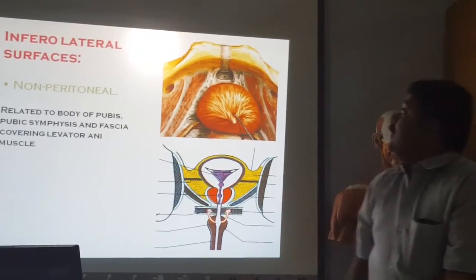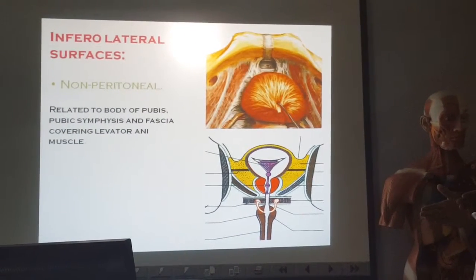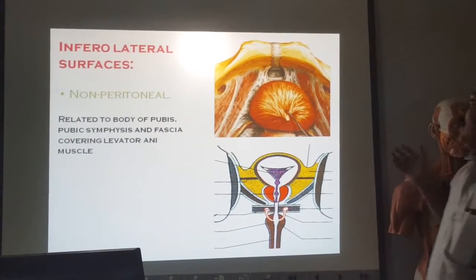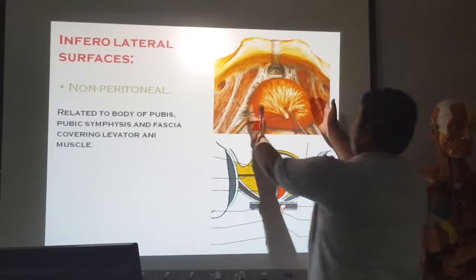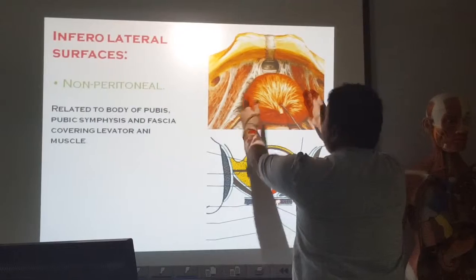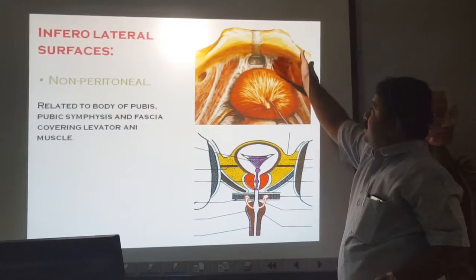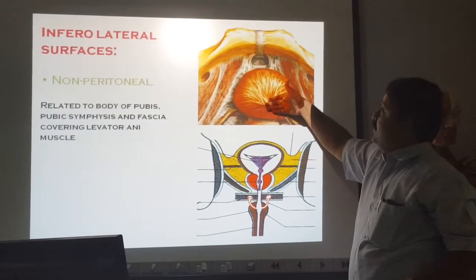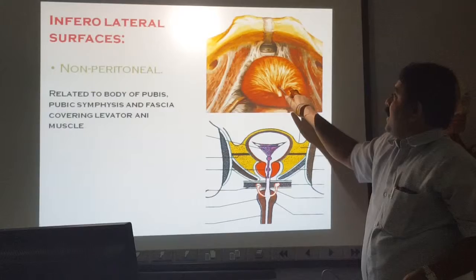Next is the inferolateral surface of the urinary bladder. It is related to the body of the pubis on either side. See here, it is the urinary bladder, a cut section of the pelvic cavity. Pubic symphysis and urinary bladder.